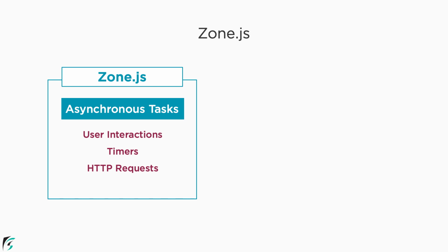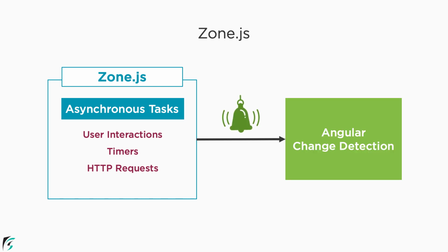Zone knows when any of these operations complete, and Angular subscribes to the notification from Zone for whenever one of these operations completes. This lets Angular know that it can run its change detection algorithm and re-render anything that has changed. This also assures that Angular minimizes any rendering before a change is completed, thus making it efficient.